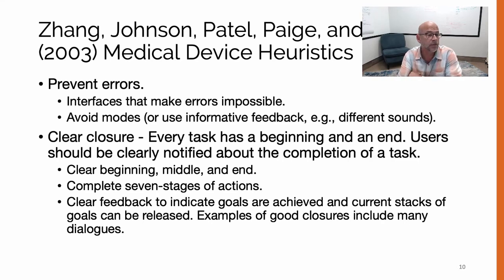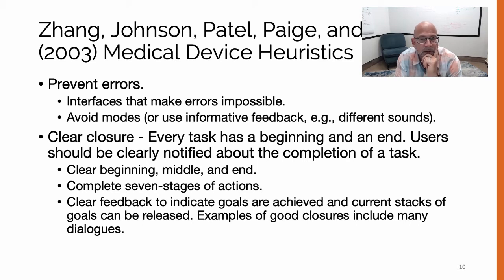It's ideal if you prevent errors in the first place. Some ways of doing that are avoiding modes. So what do I mean by avoiding modes? Well, have you ever found yourself typing or texting or something and you look down and realize it's all in caps? Well, that's a mode. That is, in one situation, when caps lock is not on, the keys produce one set of characters. When caps lock is on, it produces another capitalized set of characters.